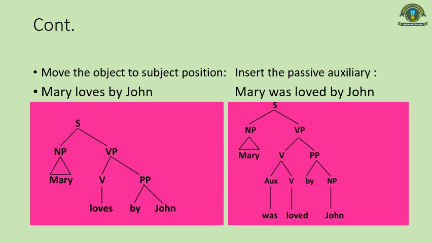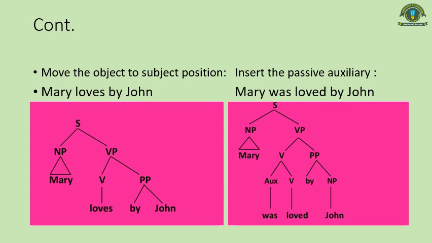And a verb and a prepositional phrase make a verb phrase, and a verb phrase and a noun phrase, that is Mary, which is left, make a sentence. So now we have the sentence Mary was loved by John.